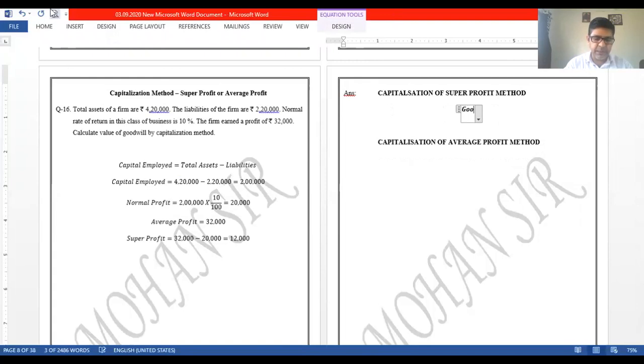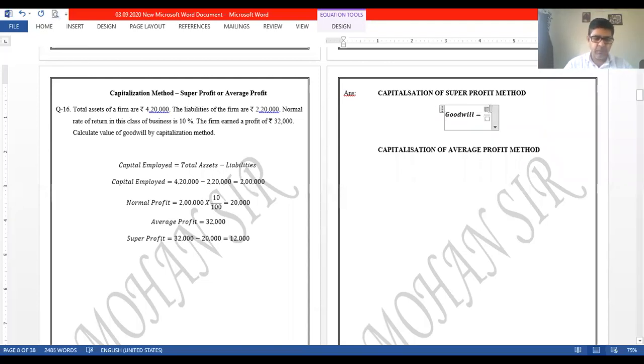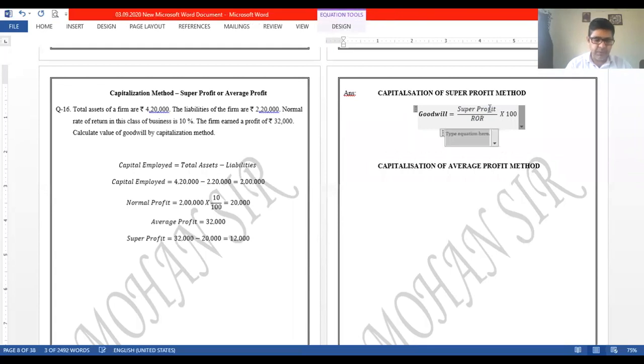Goodwill under the super profit method we are writing over there. So goodwill will be equal to super profit. Let me write the formula. Yes, goodwill is equal to super profit upon the normal rate of return. I have a practice of writing this as ROR and into 100. So let us take the goodwill from here now.